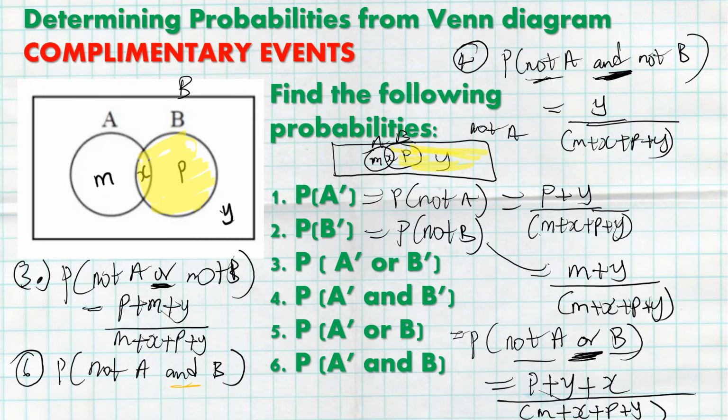Not A and B. So it means we must take the intersection, or rather something common in not A and also common in B, right? What is something that is common in not A and in B? It's only P that is common between the two, and that is their intersection. So it's just gonna be P divided by the whole sample space, which is M plus X plus P plus Y.